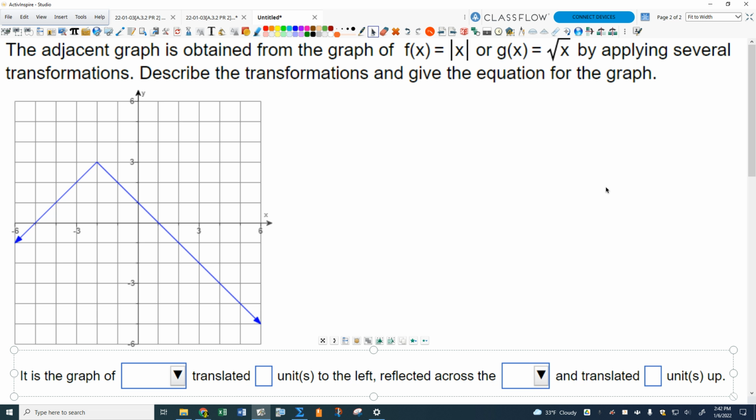Okay. All right, so first step, this is just a pull down menu, and what it's giving us the option of choosing is absolute value of x. Okay. Well, it's translated how many units to the left? 2, it looks like, right? Okay. 2 units to the left. Let me color code this.